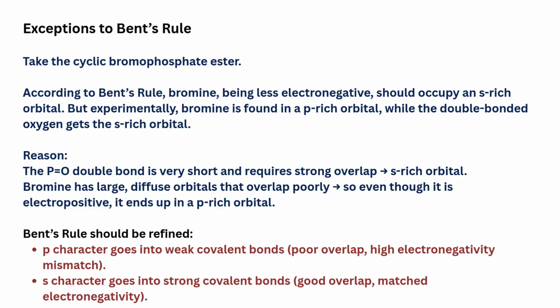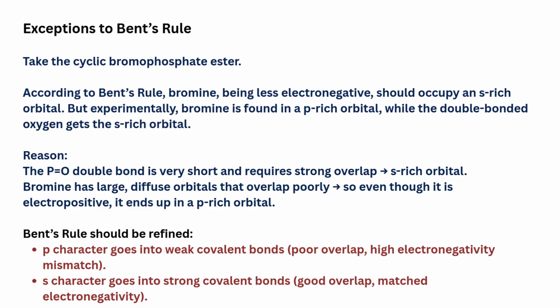Next are the exceptions. For example, in the case of cyclic bromophosphate esters, bromine, which is less electronegative, should ideally occupy an s-rich orbital, but experimentally bromine is found in a p-rich orbital because the P=O double bond is very short and requires strong overlap. So it takes the s-rich orbital.